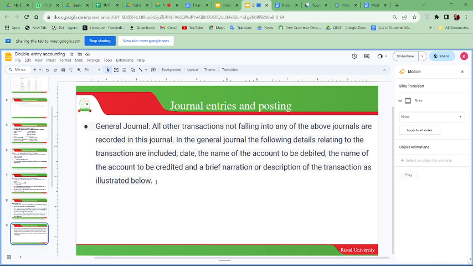So it means here, in your financial records, you have to write the date of the goods received, or maybe all the goods that you bought. You name the account to be debited, then the name of the account to be credited, and then a brief narration or description of the transaction.